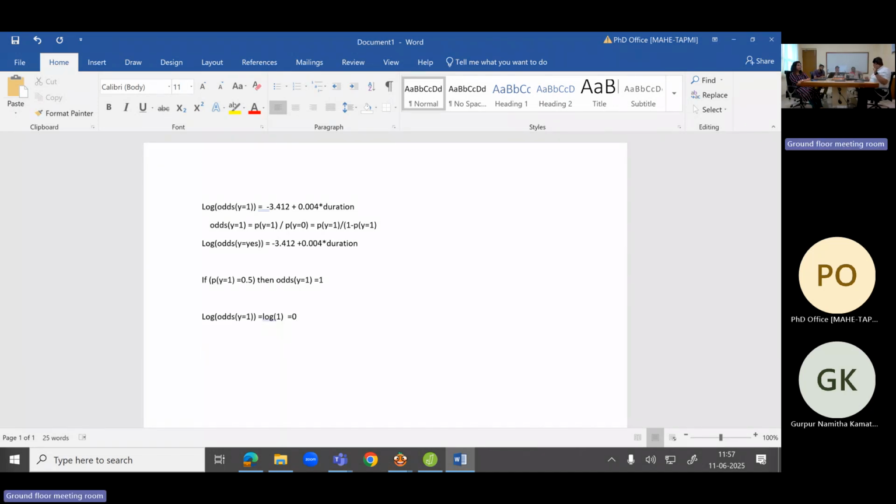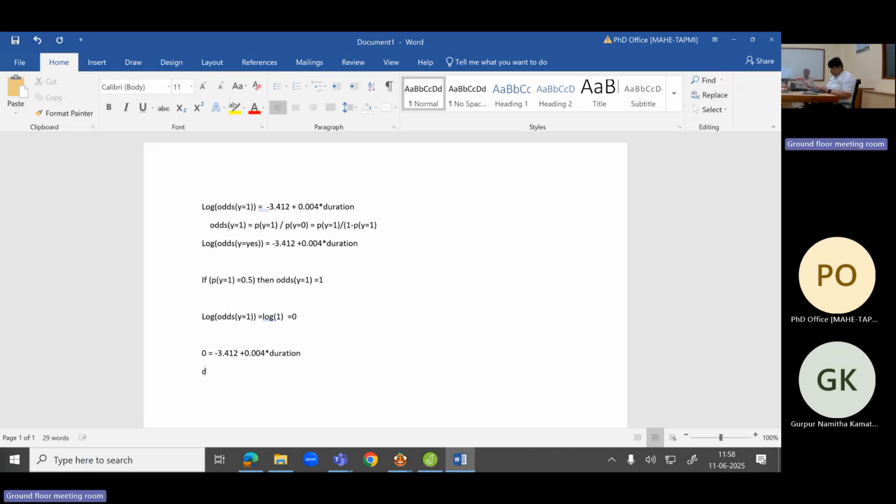So in that case my left hand side would be 0. If I put my left hand side as 0, it would be 0 equal to minus 3.412 plus 0.004 into duration.